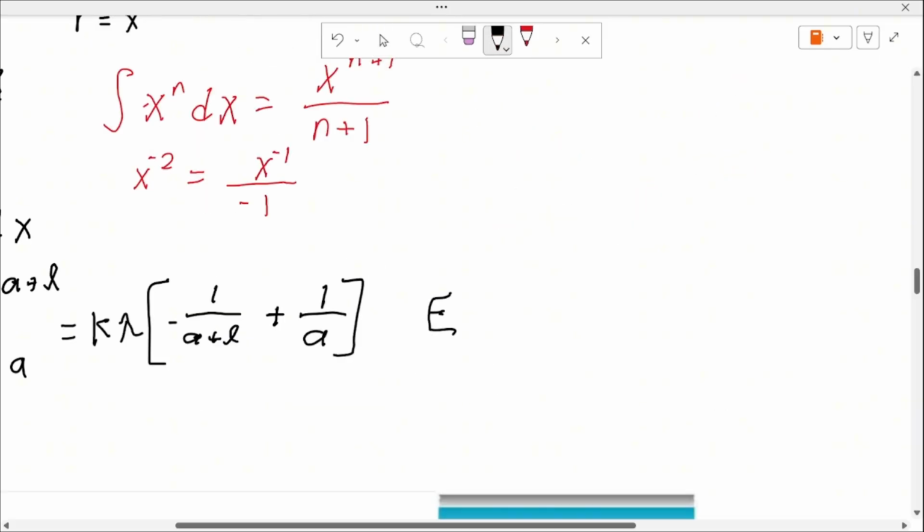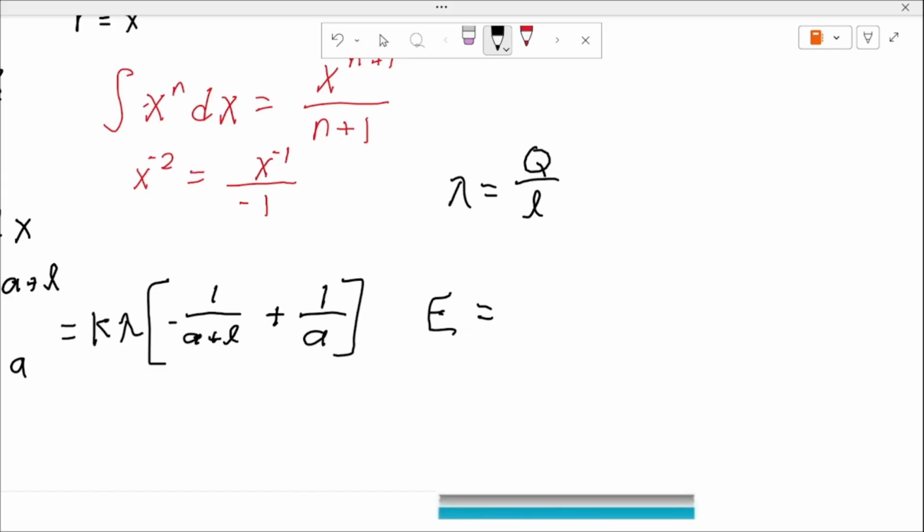The magnitude of the electric field equals, substitute lambda for Q over L. Since lambda is uniform, we can substitute it as the total charge of the rod, which is Q, over the total length of the rod.